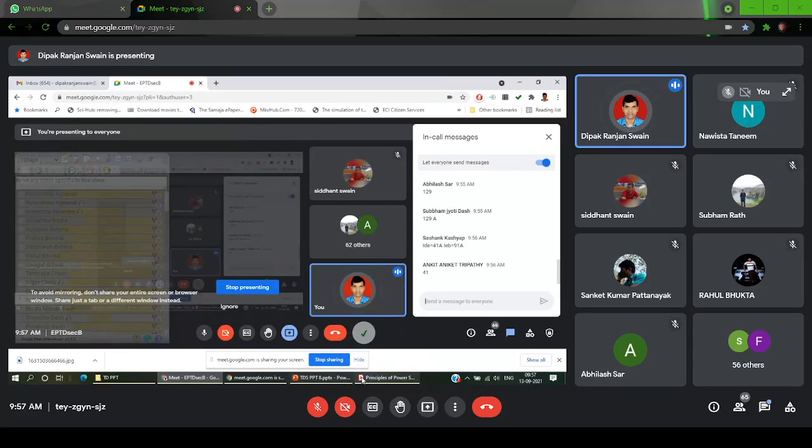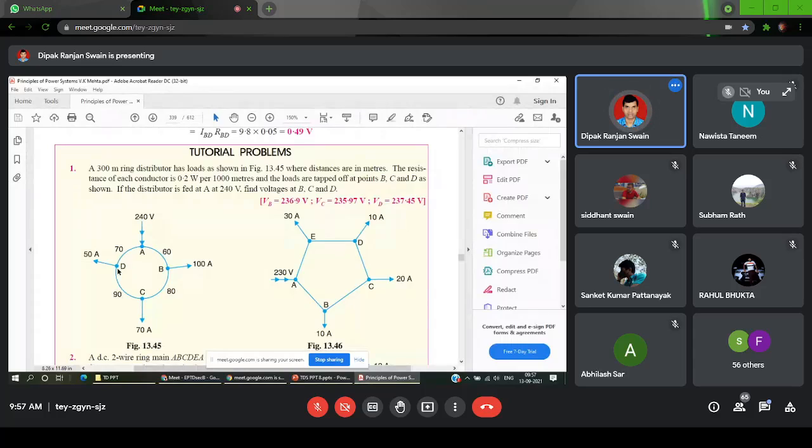41 ampere will be the current in the section CD, and the current here will be 91 ampere. AD will be current 91 ampere. Okay.